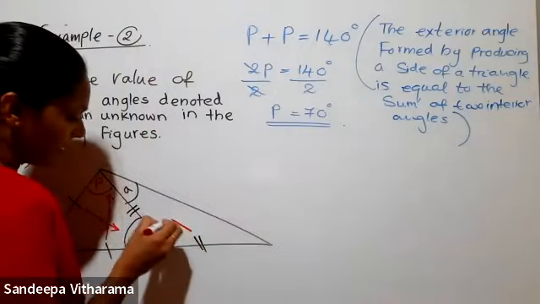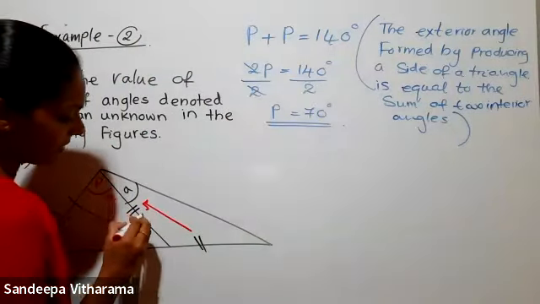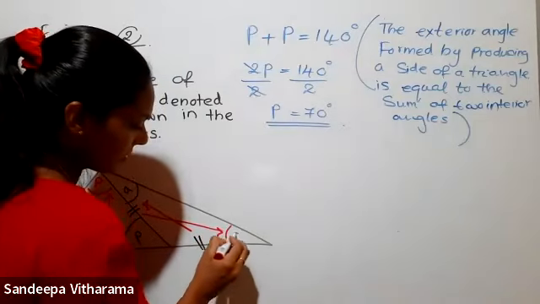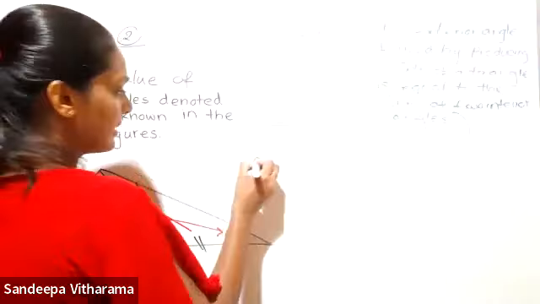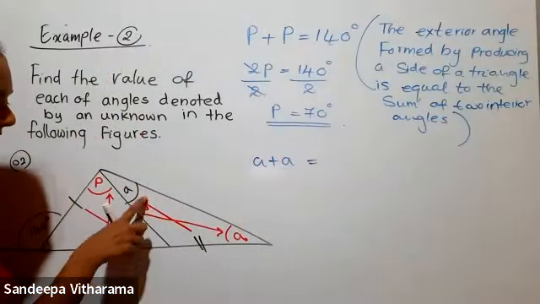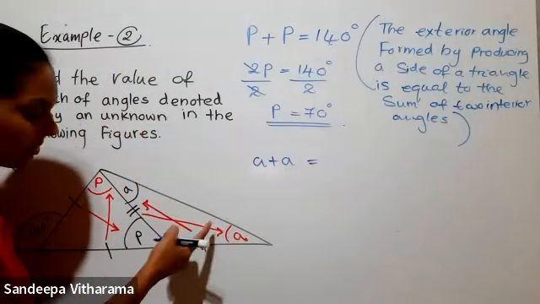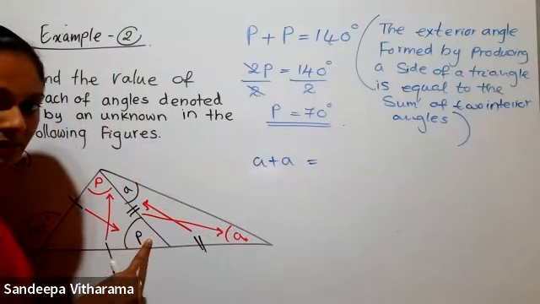Now the angle which is opposite to this side equals A. Therefore, the angle opposite to this side also equals A. So we can write that A added to A equals, these two are also the interior angles to this exterior angle.